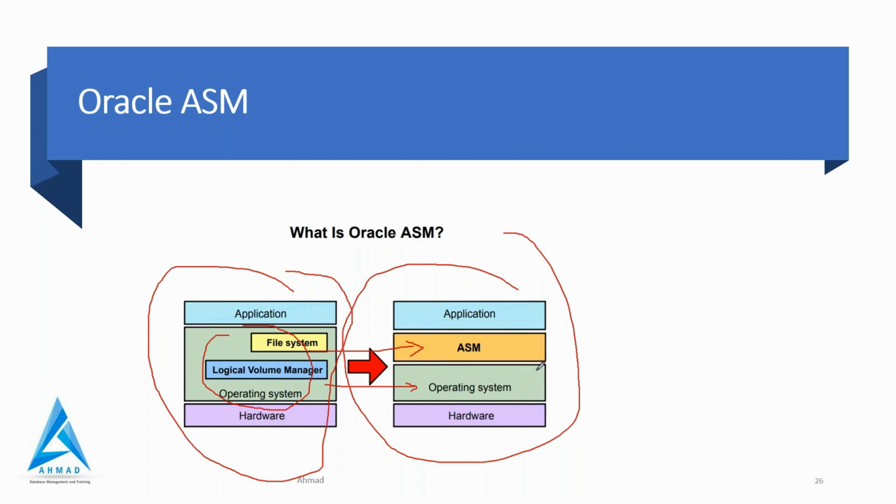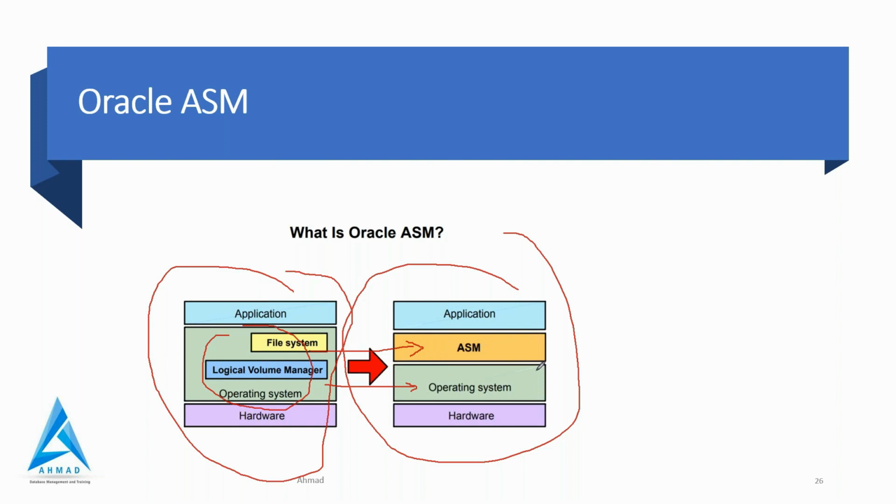So this is ASM, but if anybody asks what ASM is, you can say that Oracle ASM is a volume manager and a file system for Oracle database files that supports single instance Oracle database as well as Oracle multiple instance, meaning Oracle RAC configuration.